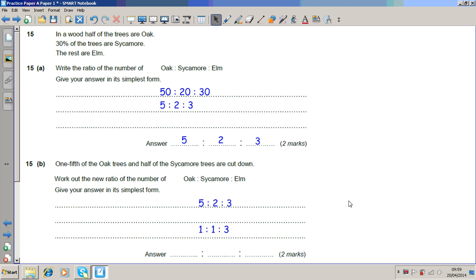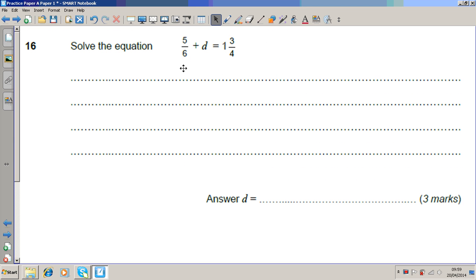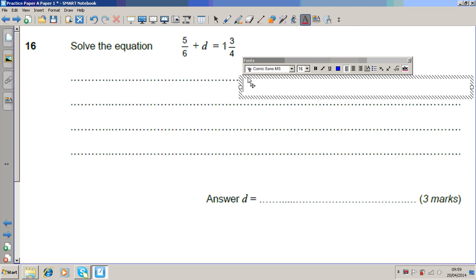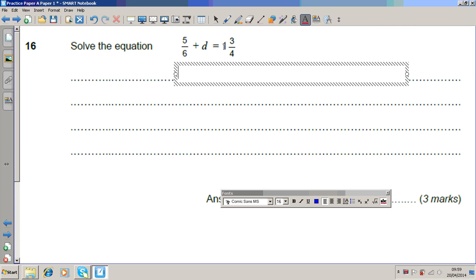Two more to go. Solve the equation 5/6 plus d equals 1 3/4. Okay, first job on this one is going to be to make this mixed number at the end here into an improper fraction.